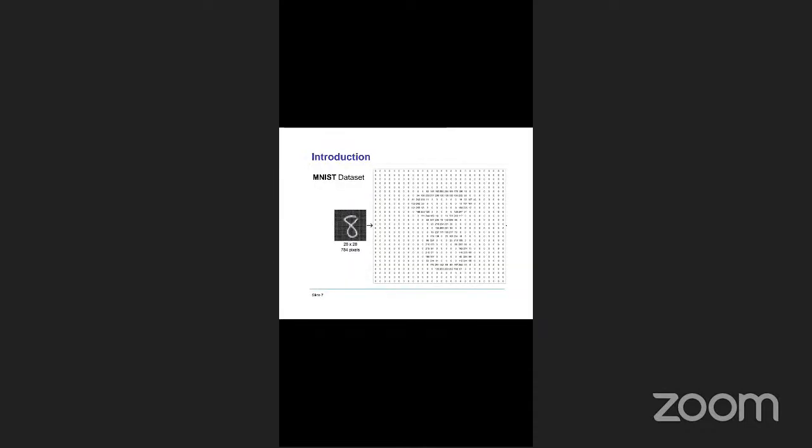The MNIST database is available on the internet and is very widely used. The image size is 28 by 28, that is 784 pixels. How the digit looks is how it's represented, as given in the diagram.